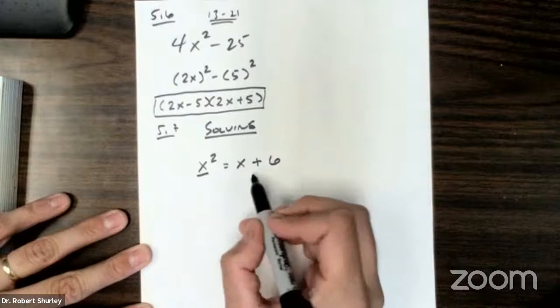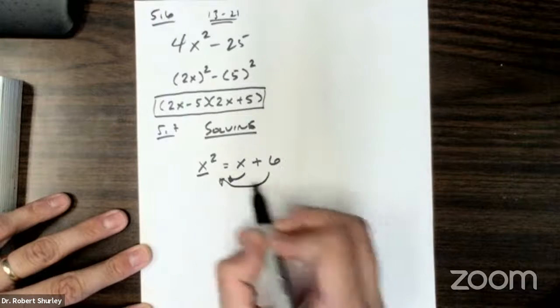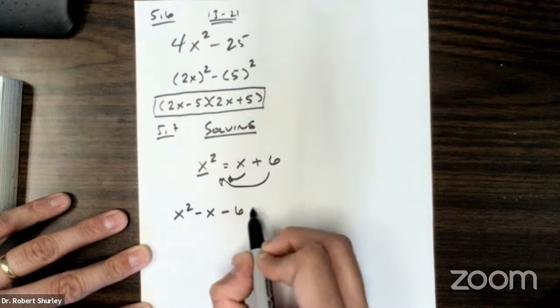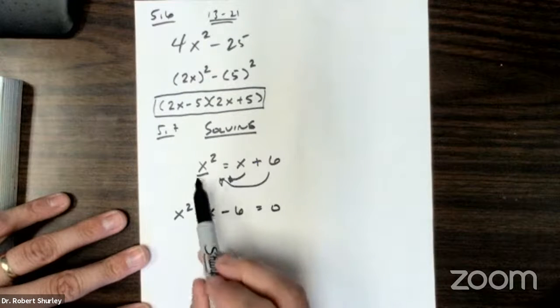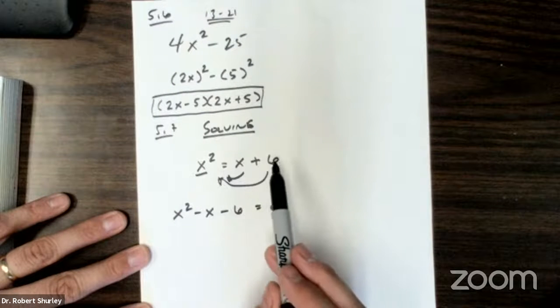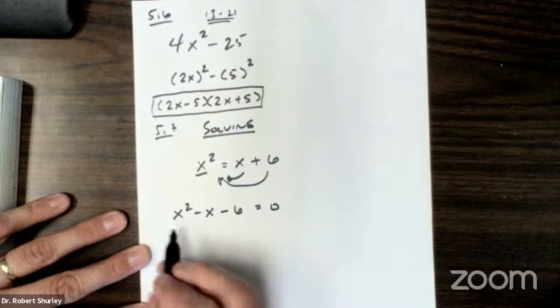We need a positive x squared. So I'm going to move both these terms over and write them in descending order. If I subtract the x over, it goes next to the x squared. Subtract the number over, subtract the x.